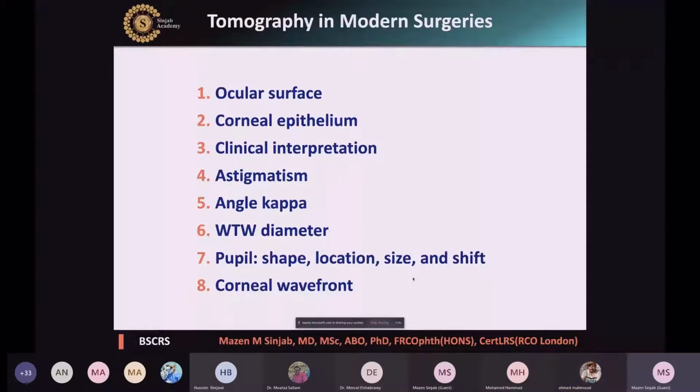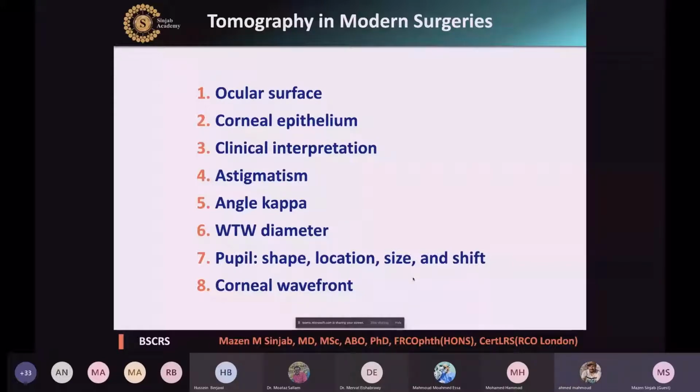Now, for the tomography in modern surgeries, we always have to study the ocular surface, corneal epithelium, and clinical interpretation to know how to interpret the Pentacam. I'm going to highlight the importance of astigmatism, angle kappa, white-to-white diameter, pupil, and corneal wavefront.